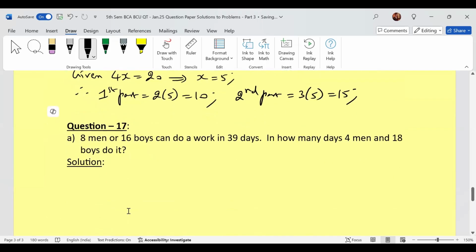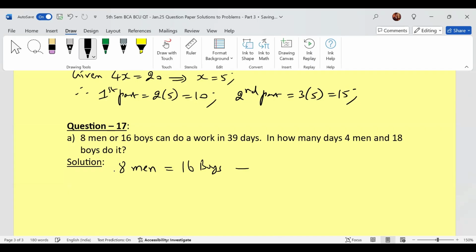Then this is the last question. Question 17, part A, 8 men or 16 boys can do a work in 39 days. In how many days can 4 men and 18 boys do it? When it says 8 men or 16 boys, it means that 8 men is equal to 16 boys.